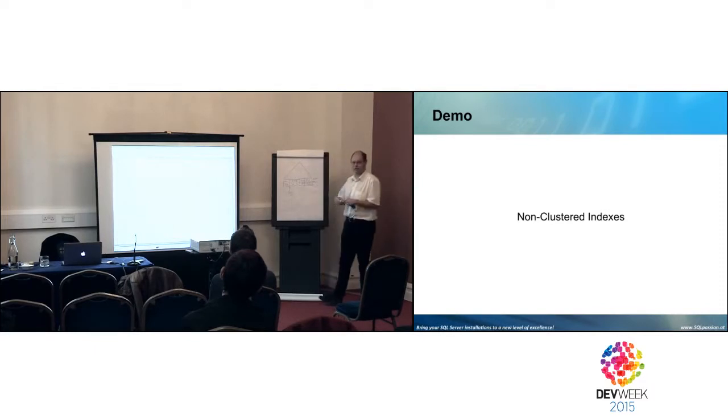Means SQL Server allocates a new page which is physically somewhere else, and logically we are inserting that page, in our case, between the first and second page. That's our first page, that's our second page, that's our third, fourth, fifth, sixth page.